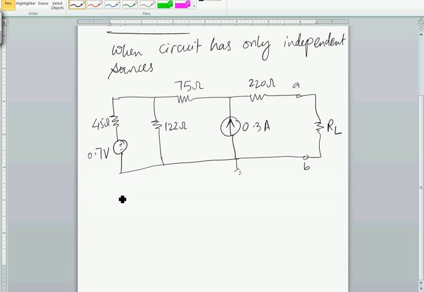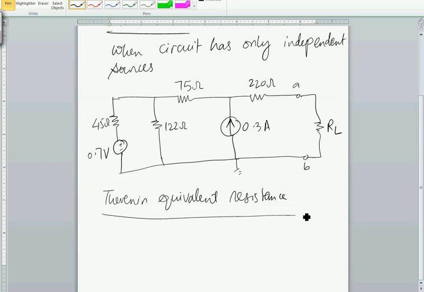So let's do that. So to find Thevenin equivalent resistance, I'm going to redraw the circuit.